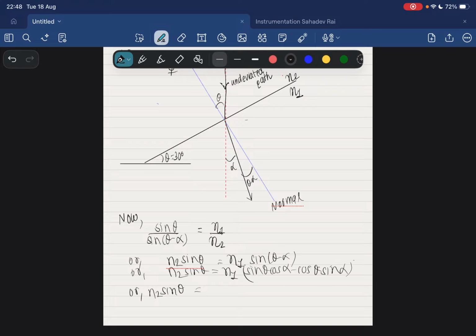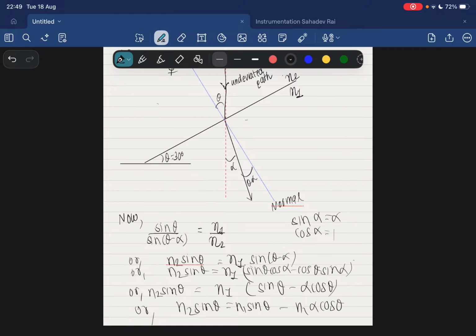For small angle approximation, sin alpha is alpha, cos alpha is 1. Therefore, sin theta minus alpha cos theta, we have that right here. n2 sin theta equals n1 sin theta minus n1 alpha cos theta.